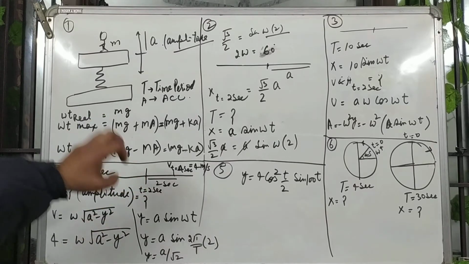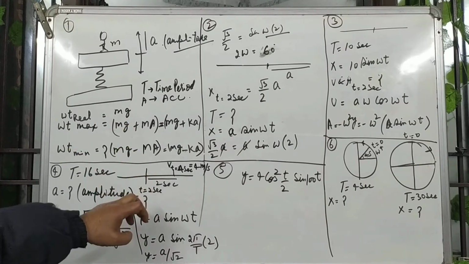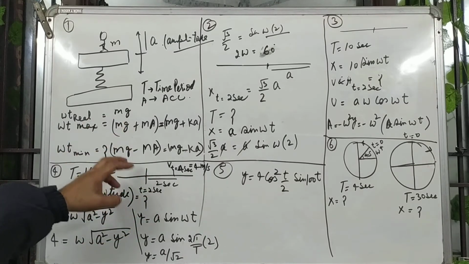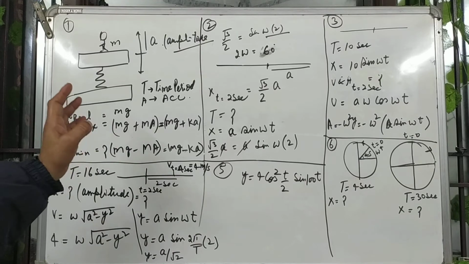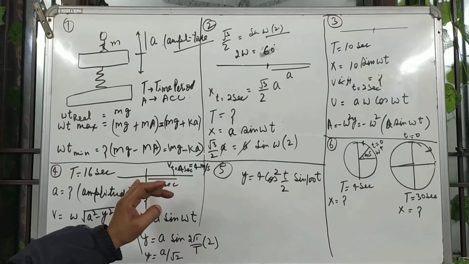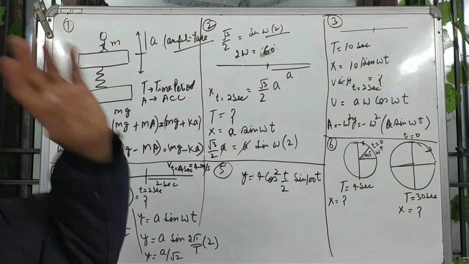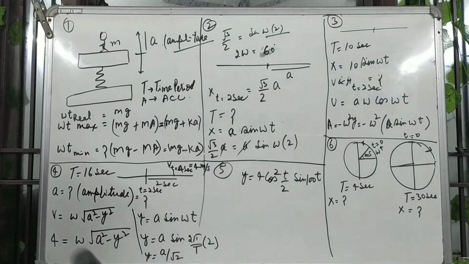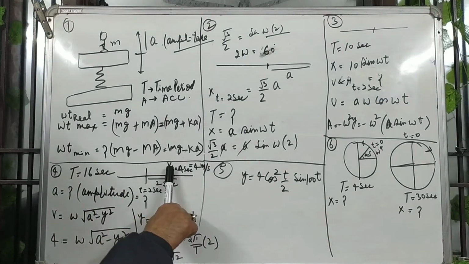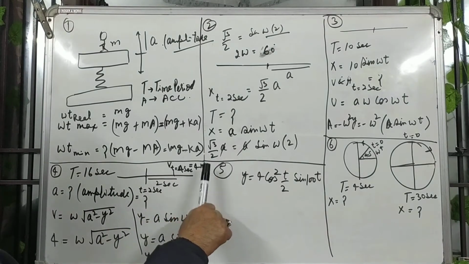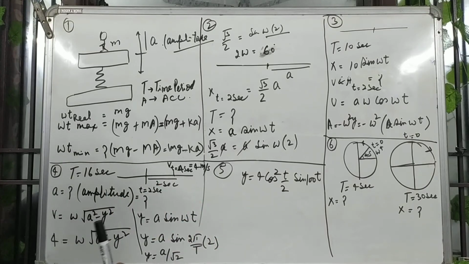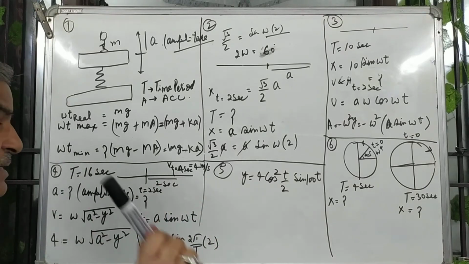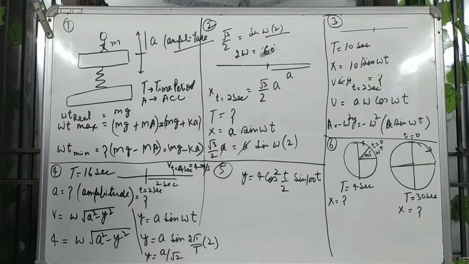So the importance in this question was that it was given that at t equal 2 second, particle passes through the mean position. At t equal 4 second, velocity is 4 meter per second. So this implies all measurements and time are taken from the mean position.